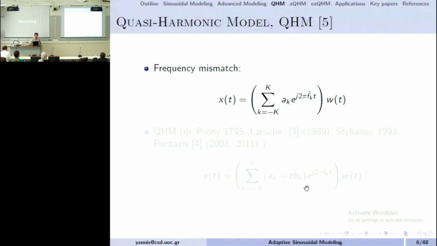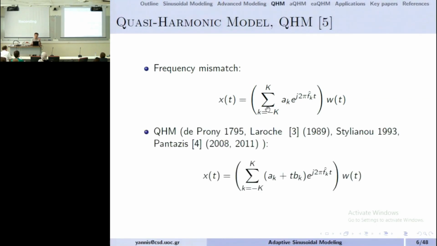Now, that was a frequency mismatch. There is now a frequency mismatch, so we don't have f, we have f hat. We now introduce the quasi-harmonic model. The name we invented, but it comes from a theory that de Prony described in 1795. Laroche, working on audio signal processing in 1989, started using it. Then I worked with Laroche, and I used it also for speech.